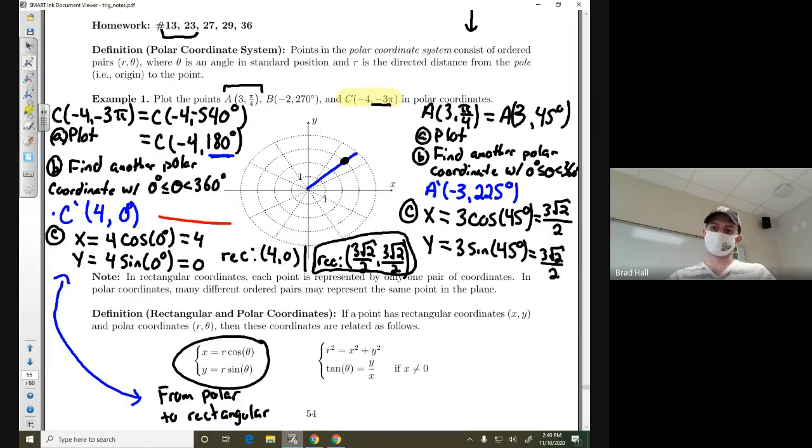But also remember, I am asking for a specific thing for part B. I want an angle in this range, 0 to 360, for the second polar coordinate. I'm pretty sure the back of the book does give you such a thing, and there's not really much work to show with it anyways, so that should be an easy homework.